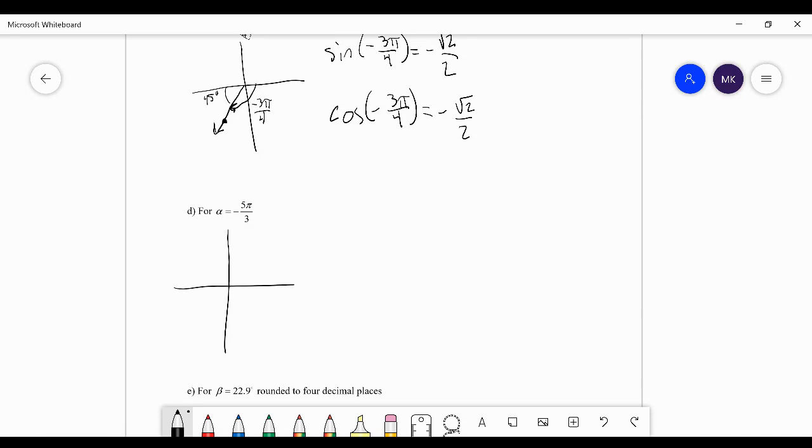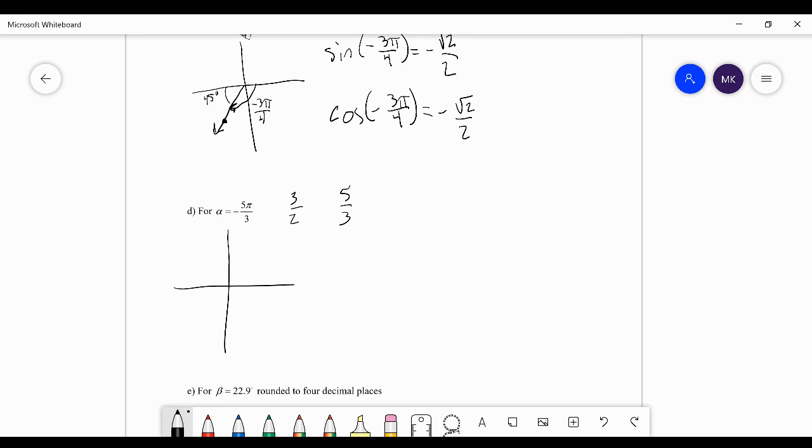Is it more than 3 pi over 2? And this is where it gets a little fuzzy if you're really bad at fractions. So what we have to ask is, what sign do we put here? Is 3/2 bigger than 5/3, or is 5/3 bigger than 3/2?